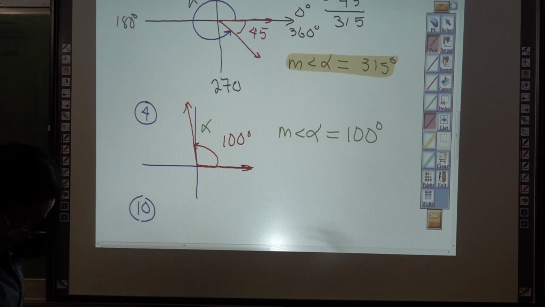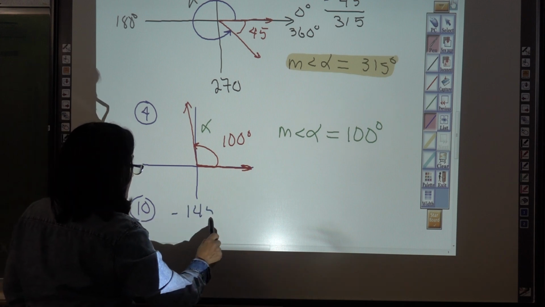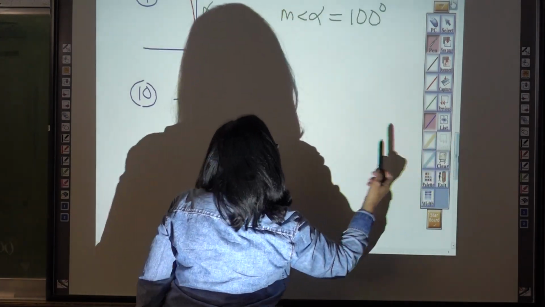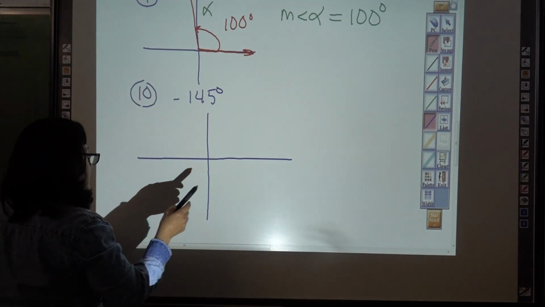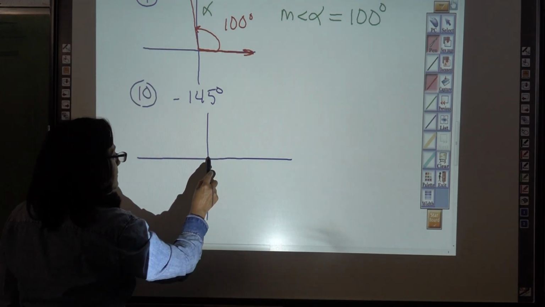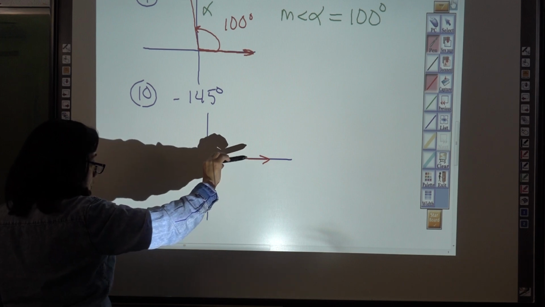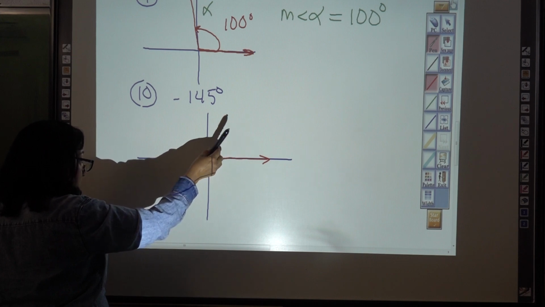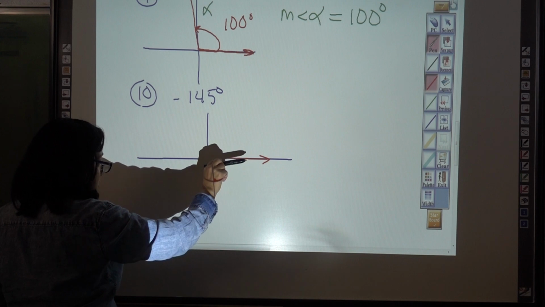you have negative 145 degrees. So for negative 145 degrees, start from here. You go there. Negative means instead of going counterclockwise, we're going to go clockwise. So this is the vertex. This is the initial side.